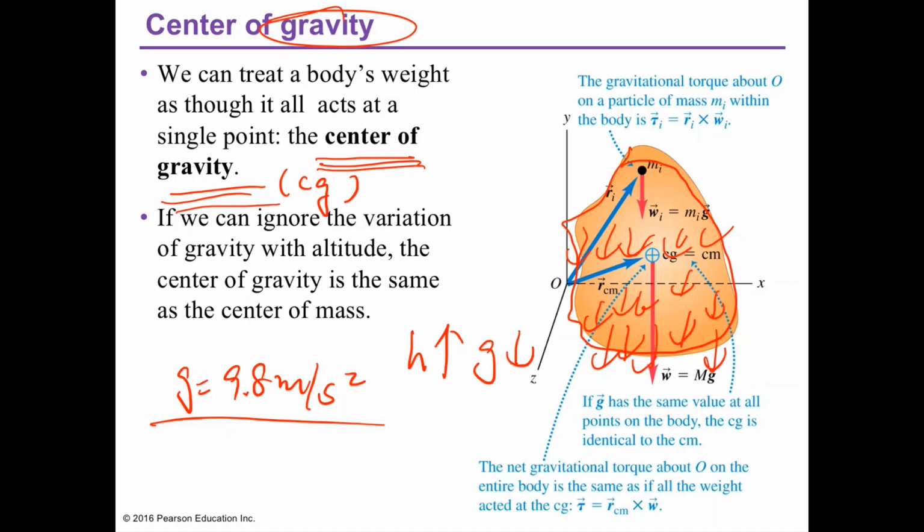But if we can ignore this variation over the vertical dimension of the body, then the body's center of gravity is identical to its center of mass. The center of mass, we typically denote as CM. In most cases, for these extended objects, we can basically say the center of mass is equal to the center of gravity.